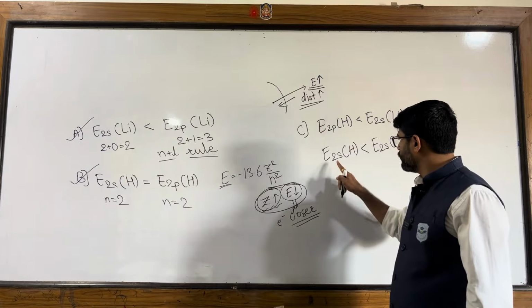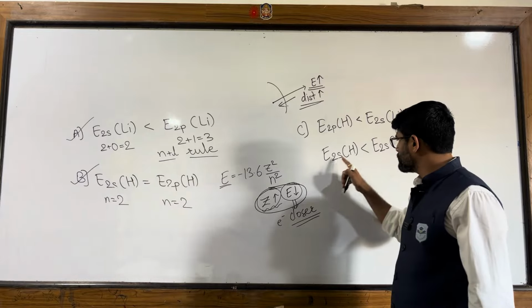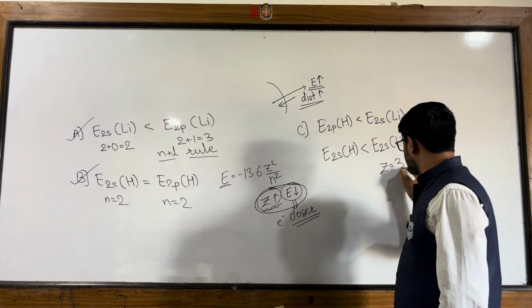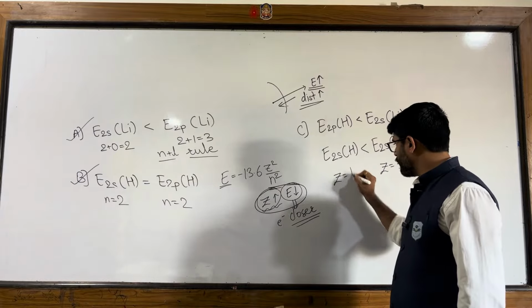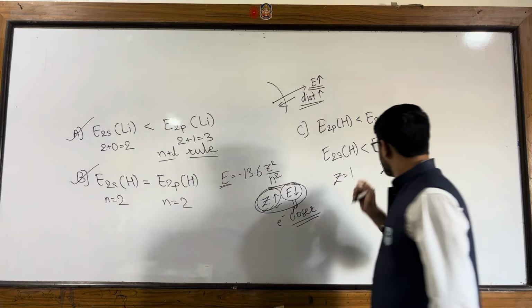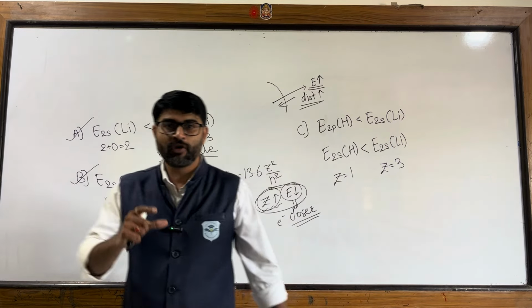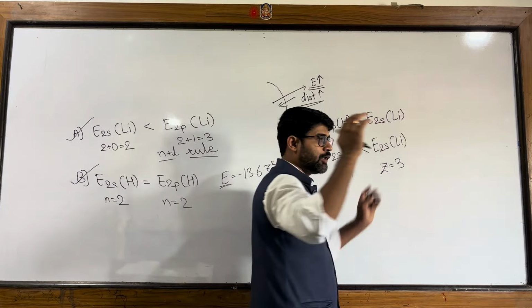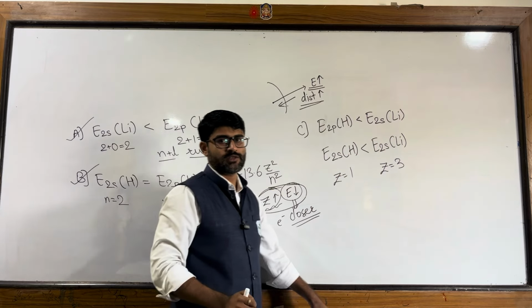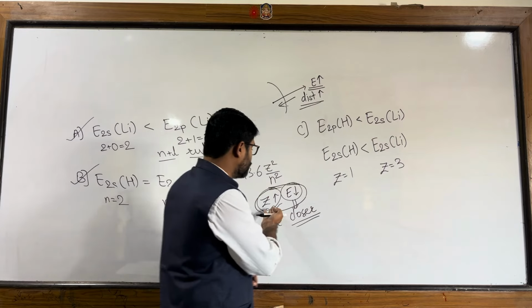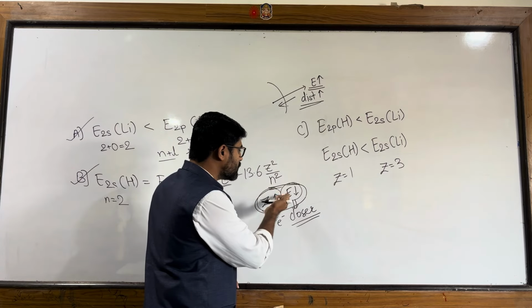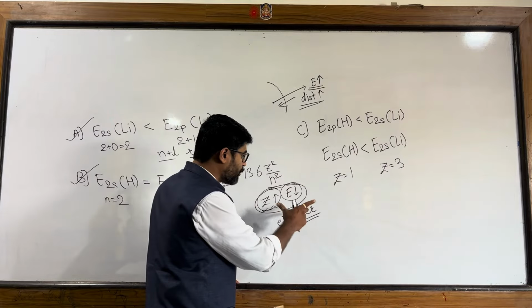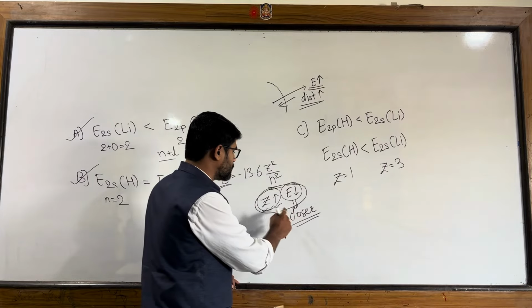So for 2s orbitals, we have to compare the energies. Value of Z for lithium is 3 and value of Z for hydrogen is 1. So for lithium, we have higher attraction from the nucleus, so the 2s orbital will be smaller in size. Or simply, as Z increases, energy decreases as the orbital comes closer to the nucleus.